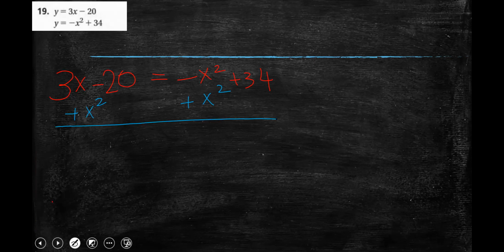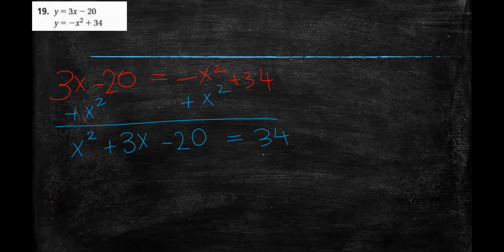If you move the right to the left or the left to the right, you will get the same answer. So plus x squared on both sides. You will get x squared plus 3x minus 20 equals 34. Is it right? Yes.